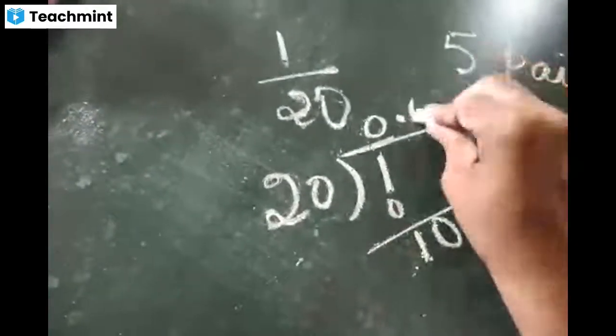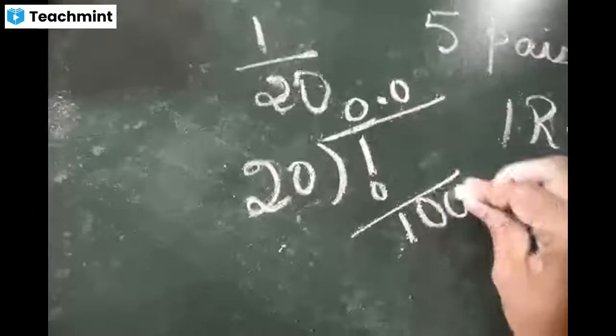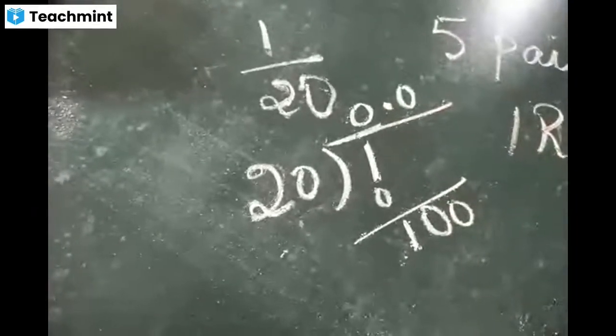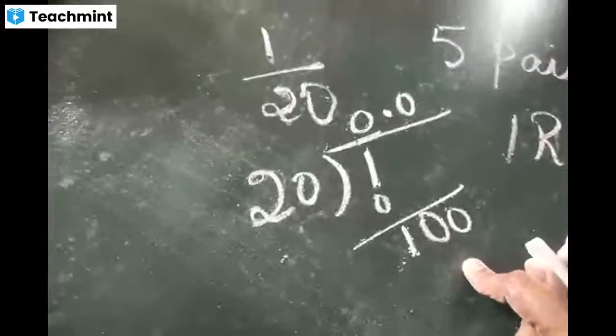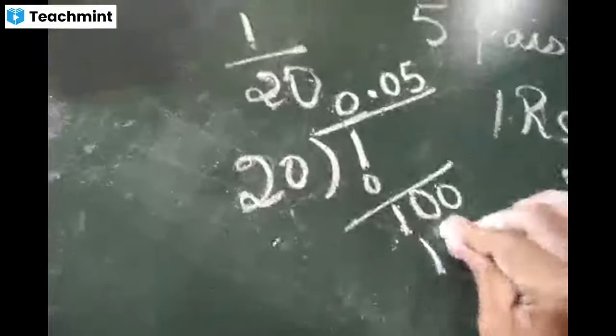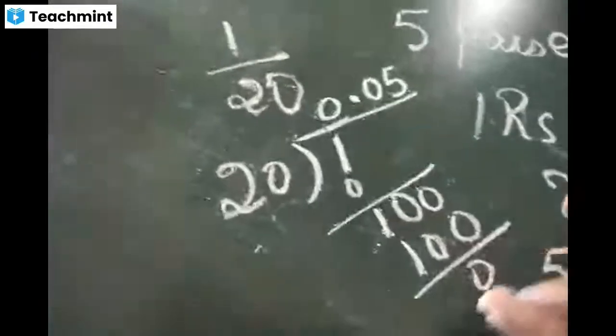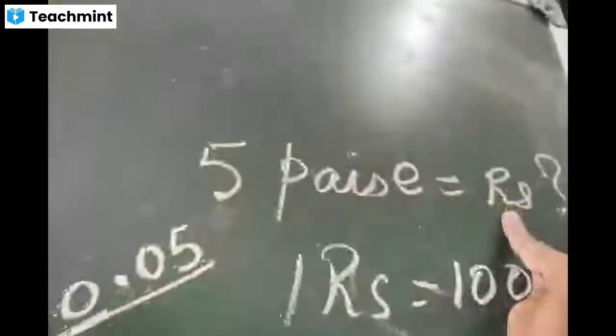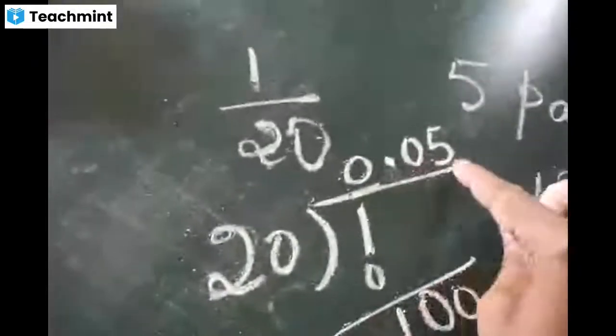Again not going. 0. Take one more 0. Now don't put the point once again. Once only. Starting only we have to put the decimal point. Afterwards not there. 100. 20 how much the 100? 20 5s are 100. So the answer is 5 paisa equal to 0.05 rupees.